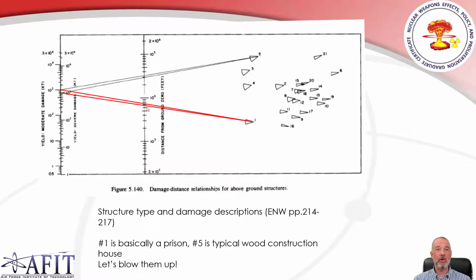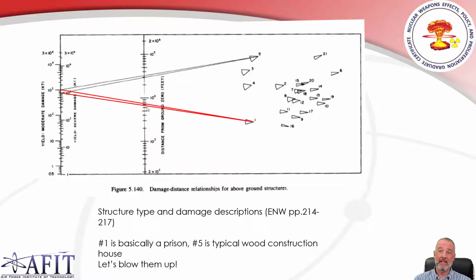Now again, this is all just estimation. This takes in and smooths out a lot of the intricacies of doing the calculations to determine exactly what will happen, in order to provide convenience, if you will. So you can just look this chart up and draw some lines based on weapon yield, and you could look to see the approximate distances where you should expect these two types of damage.